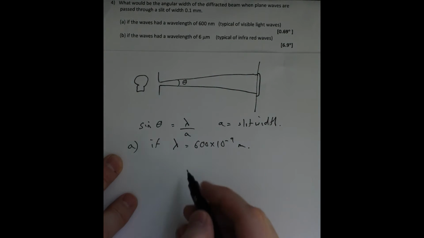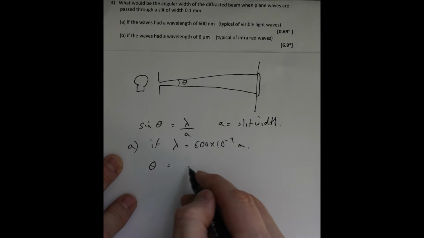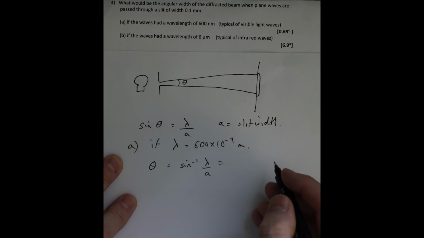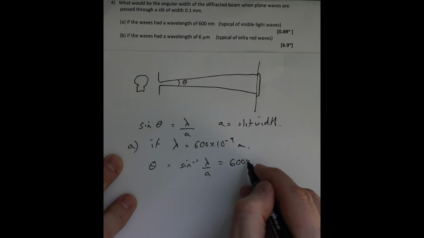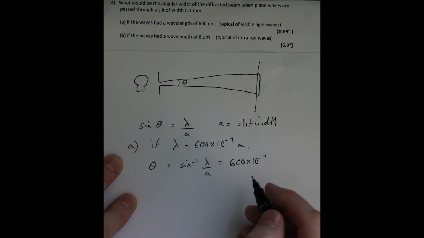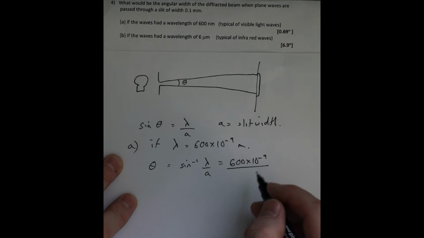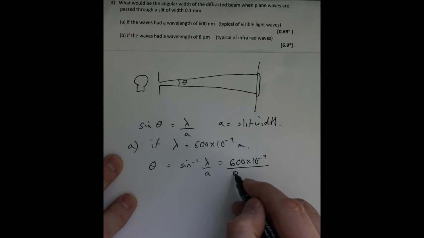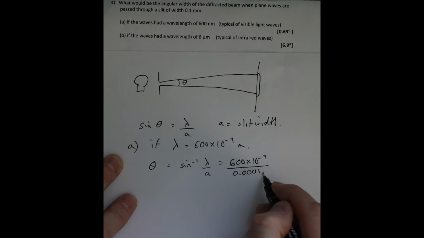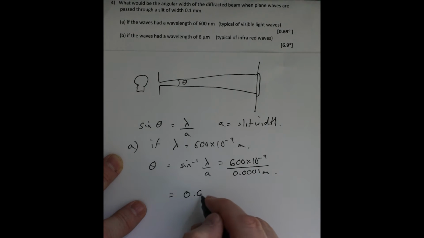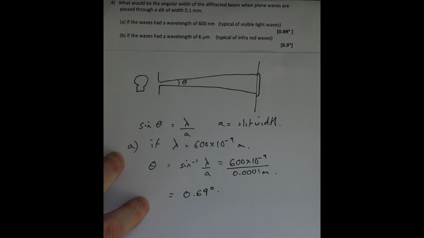In that case, theta is just going to equal the inverse sine of lambda over a, which is 600 times 10 to the minus 9, or 6 times 10 to the minus 7, divided by the slit width, which is 0.1 millimeters, which is 0.0001 meters. So I can calculate that, and that's going to give me a value of 0.69 degrees.